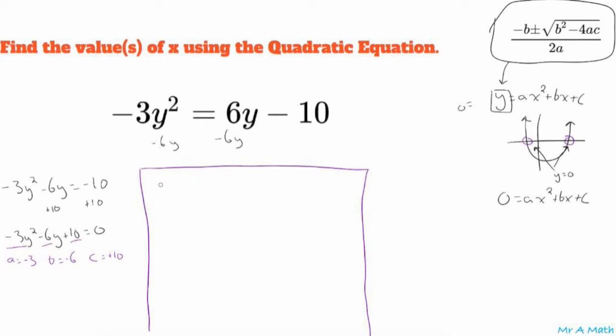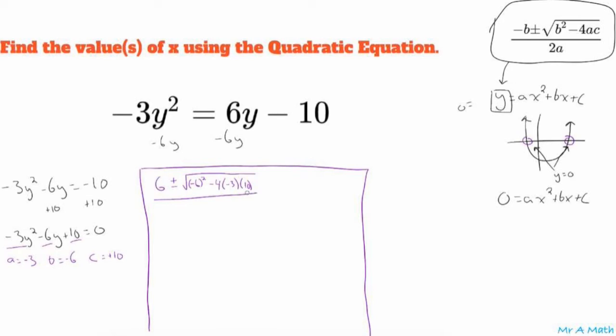So negative b, which the opposite of negative 6 is just positive 6, plus or minus the square root of b squared, which is negative 6 squared, minus 4 times a, which is negative 3, times c, which is 10.